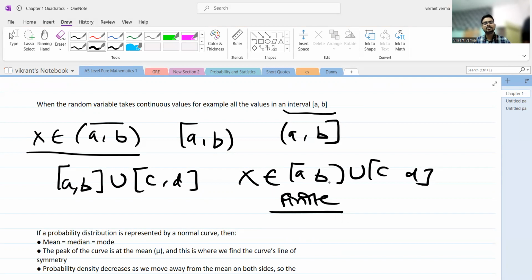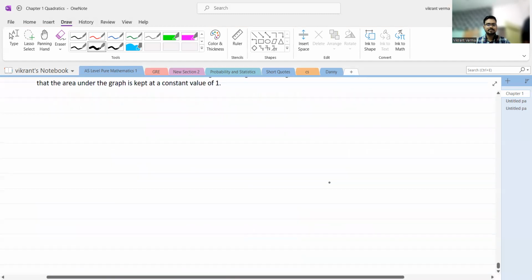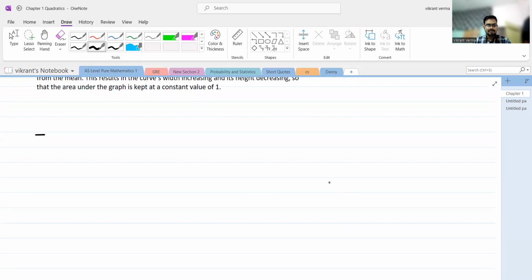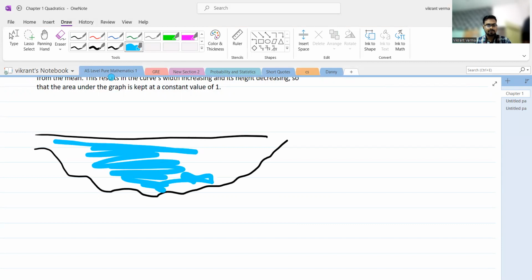Let me give you an example, an experiment, so that you can understand how this type of random variable can emerge inside a mathematical model. Consider that this is a lake. I'm drawing the surface of the lake, and this is the bottom part, a lake or sea, whatever you want to consider. Let me fill this blue color here, so it is now intuitive that this is a lake.